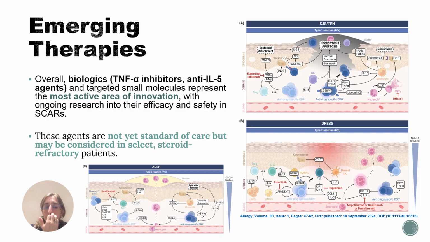So the emerging therapies. Overall, biologics, anti-TNF-alpha inhibitors, etanercept, anti-IL5 agents, anti-IL17, anti-IL36, and all these targeted small molecules represent the most active area of innovation, with ongoing research into efficacy and safety in SCARs.